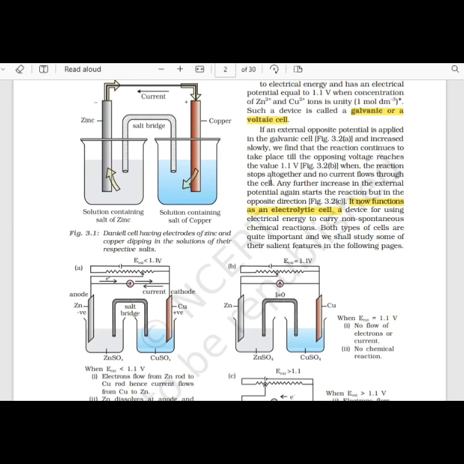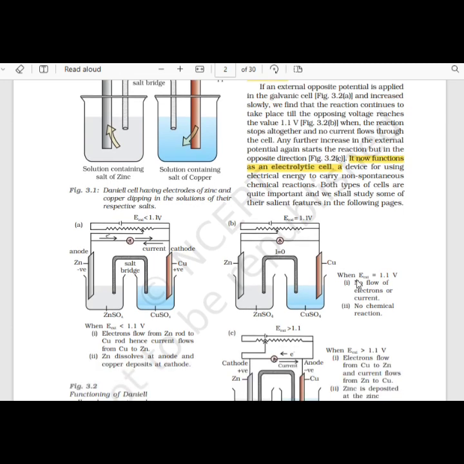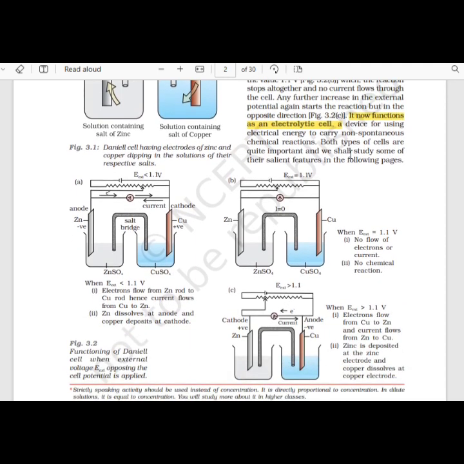But any further increase in external potential again starts the reaction, but in the opposite direction. So it now functions as an electrolytic cell. This is the typical example of an electrolytic cell.